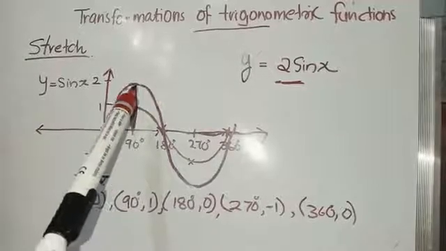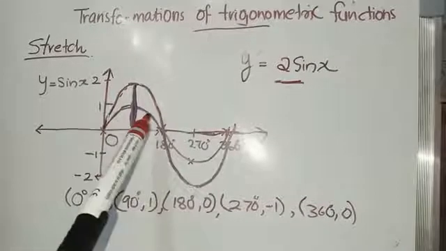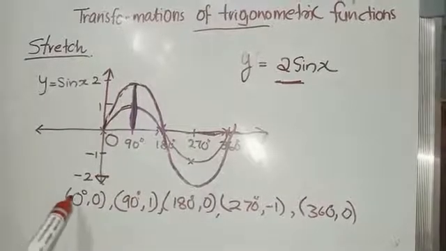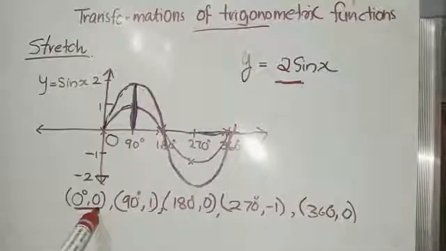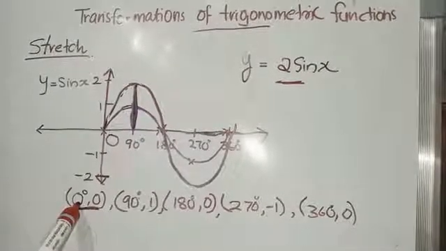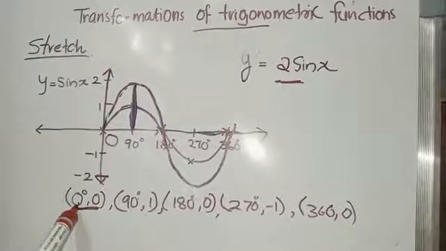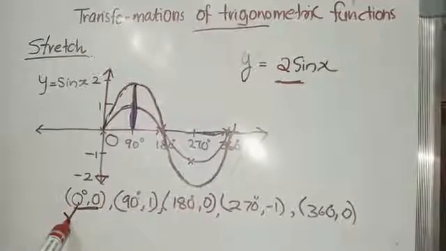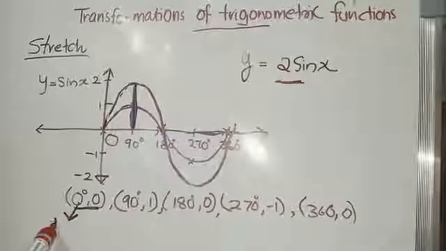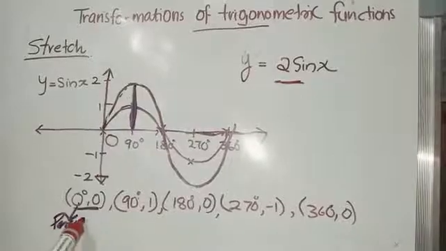So let's see how to do this one in a simple way. When you find an ordered pair, it has the first term as degrees, the angle, and the second term is its value. Remember, the first term is period.